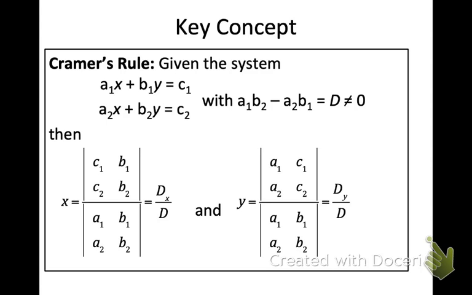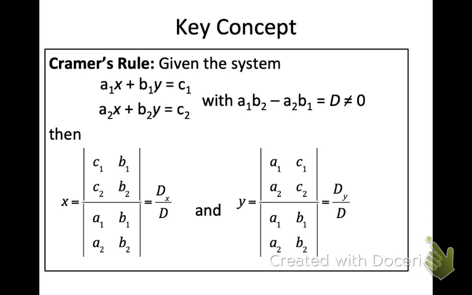And what Cramer's rule does is it creates different matrices that you're going to find the determinants of and then divide those numbers. So to get your x value, you're going to find the determinant of C1, C2, B1, B2, which notation-wise gives us the determinant of x, divided by A1, A2, B1, B2, which is just your regular coefficient matrix, right?